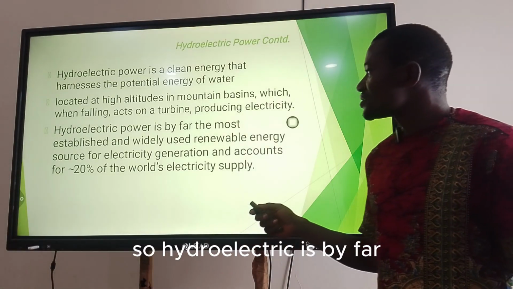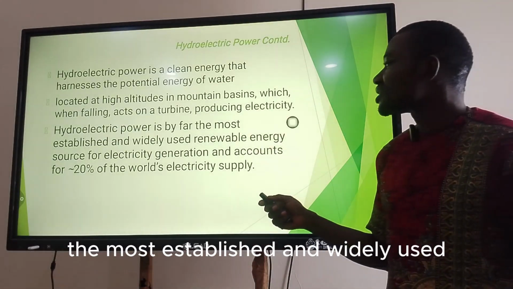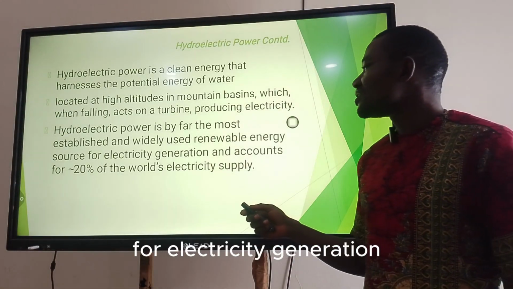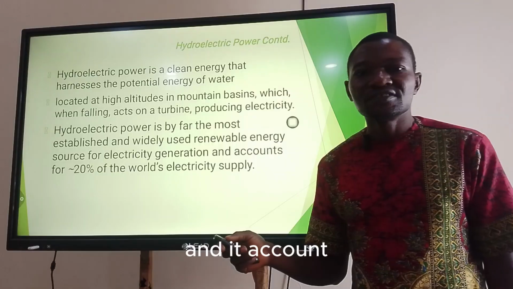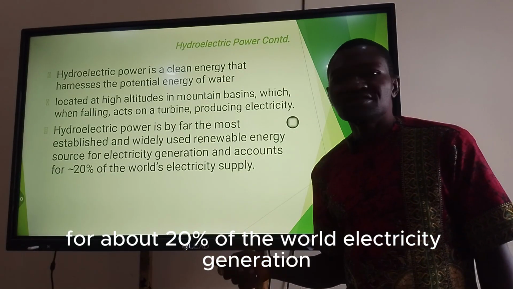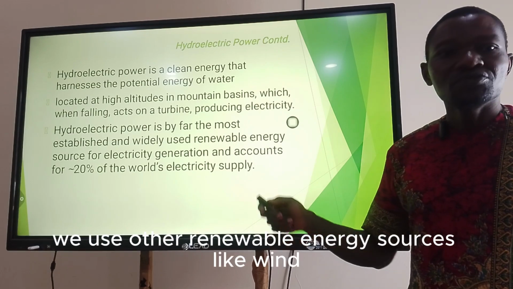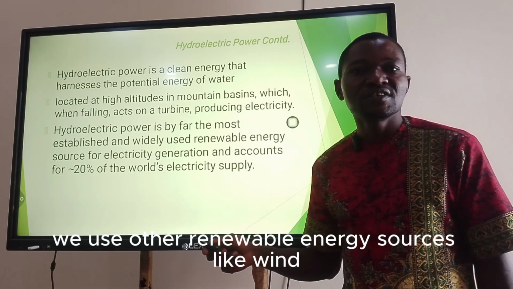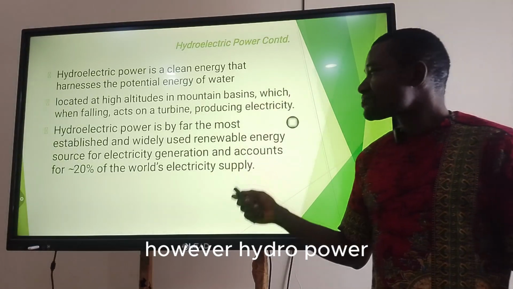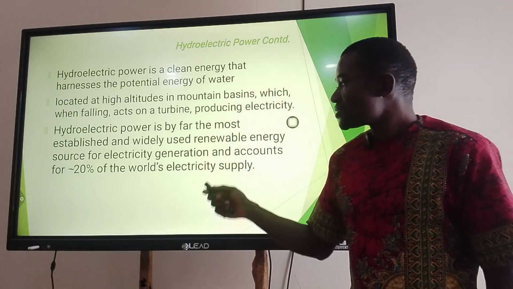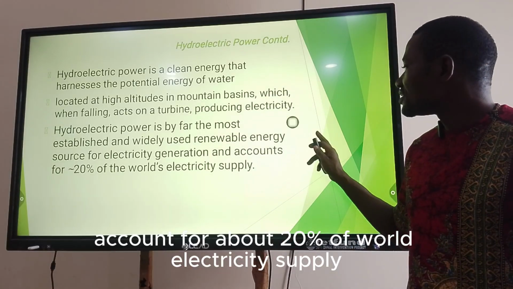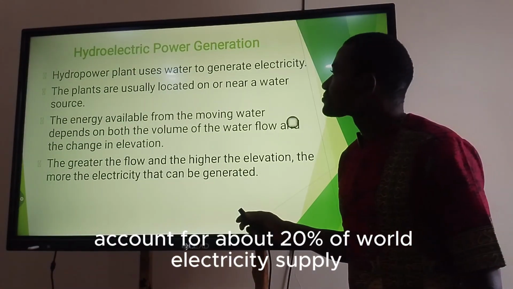Hydroelectric is by far the most established and widely used renewable energy source for electricity generation. We use other renewable energy sources like wind, biomass, and solar. However, hydropower accounts for about 20% of world electricity supply.